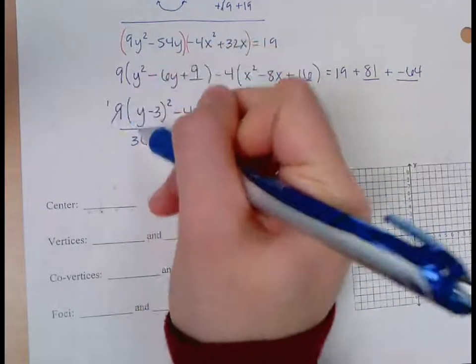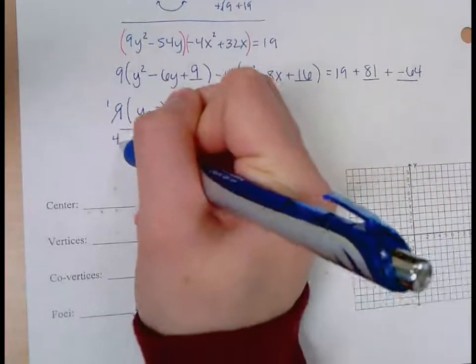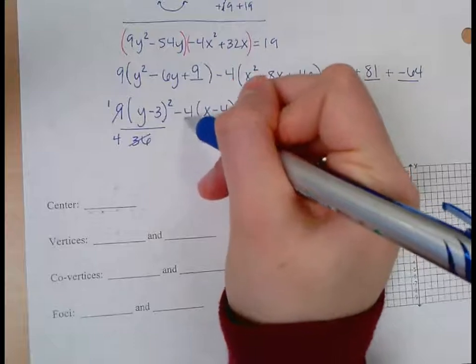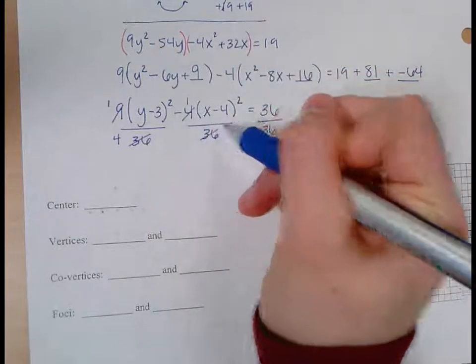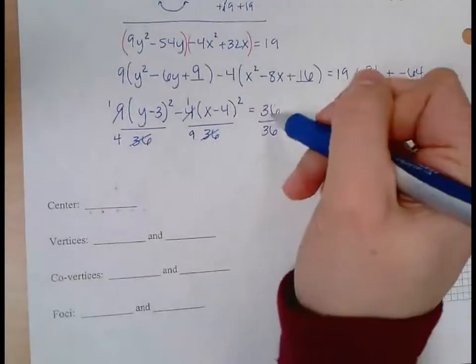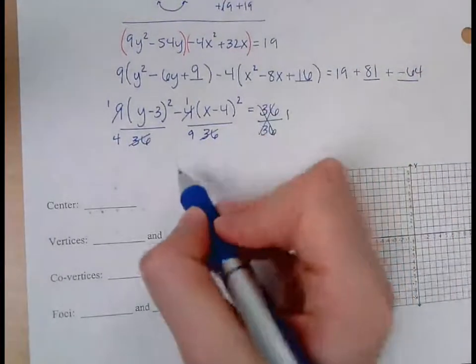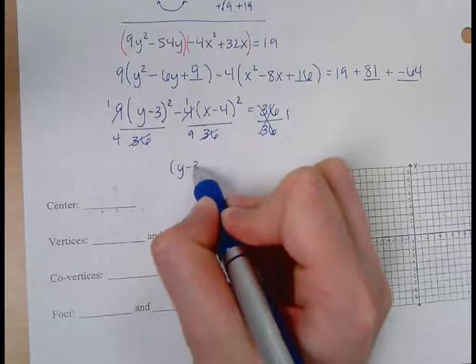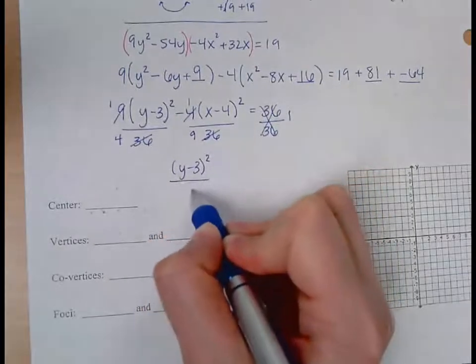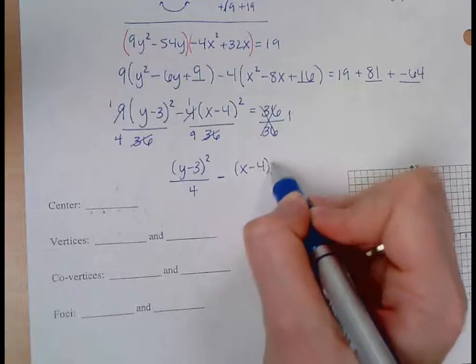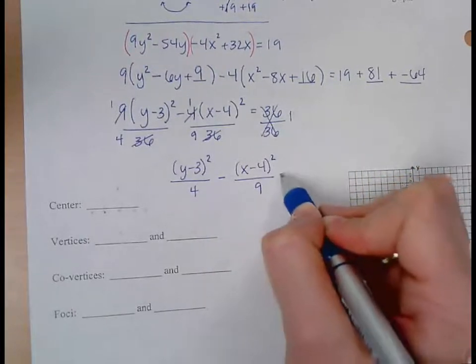The 9 would become a 1, therefore that denominator would become 36 divided by 9, which is 4. The minus 4 would just be a minus 1. That denominator would be 9, and then the right side just becomes a 1. So the standard form is y minus 3 squared over 4 minus x minus 4 squared over 9 equals 1.